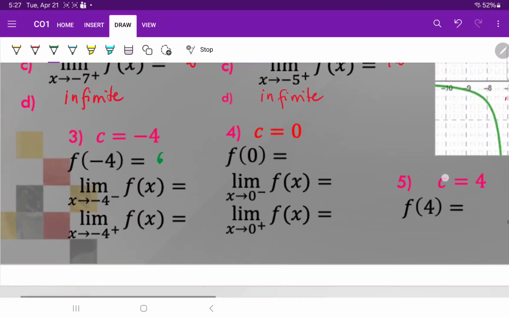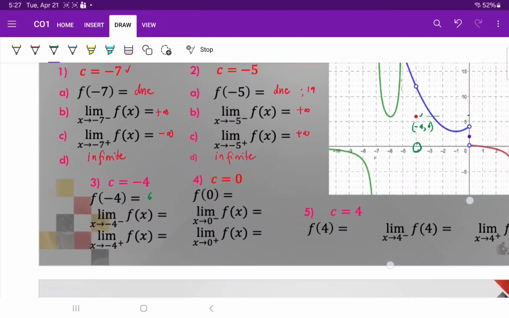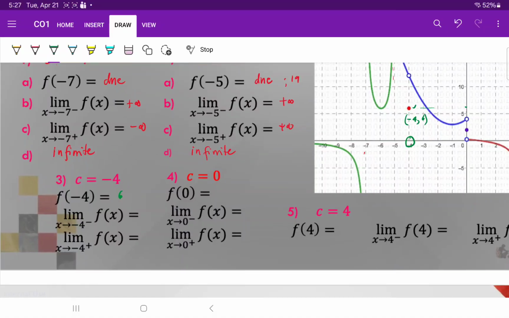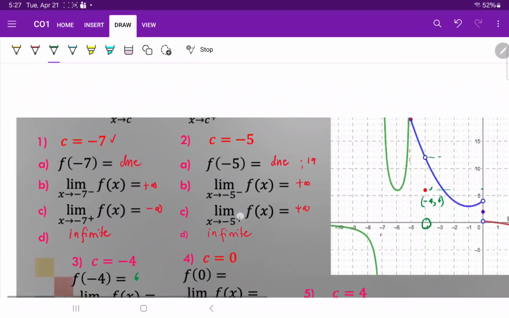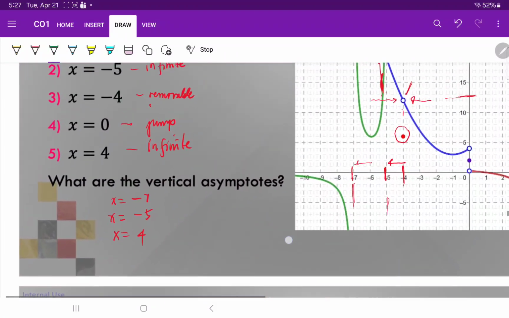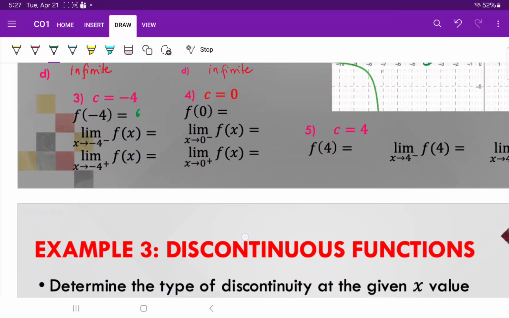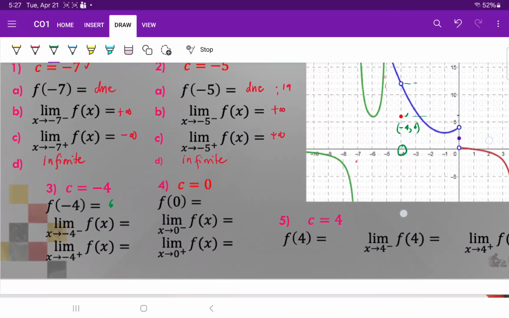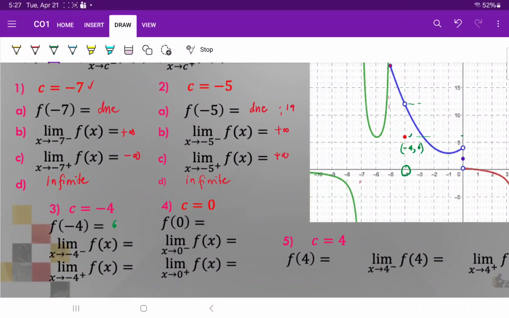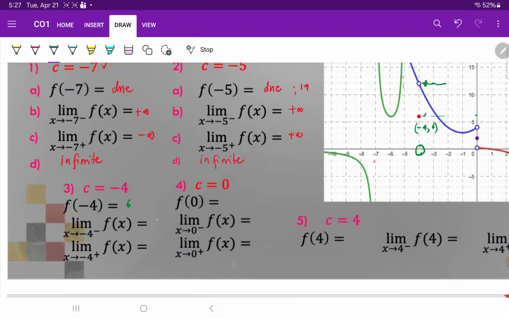Now, what's the limit of the function as x approaches negative 4 coming from the right? We approximated that it's about what? About 12. Right? Coming from the left of negative 4, the limit is, let's say, 12.